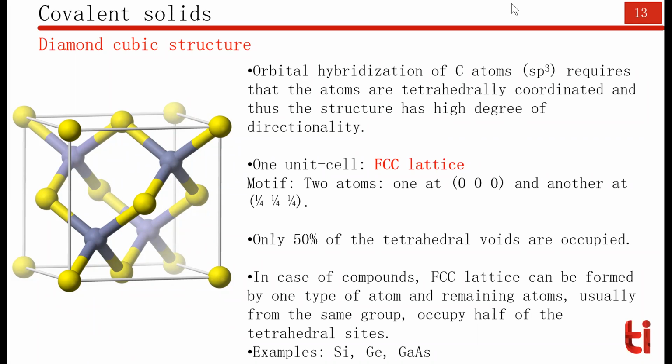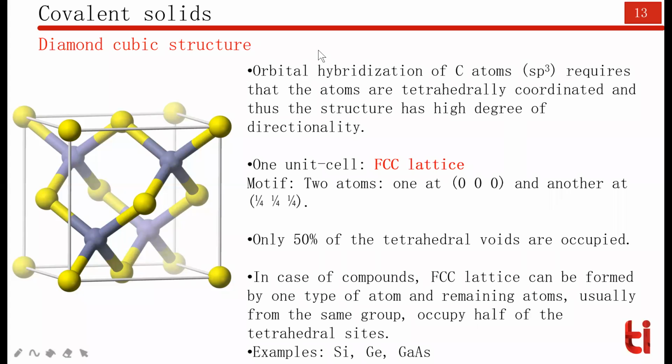So in the diamond cubic structure, every carbon is in the sp3 hybridized state, and that also means that each carbon is bonded to 4 surrounding carbon atoms.